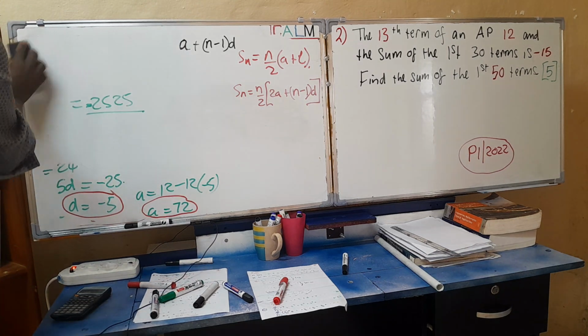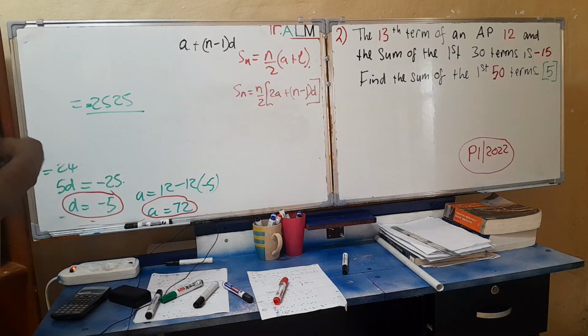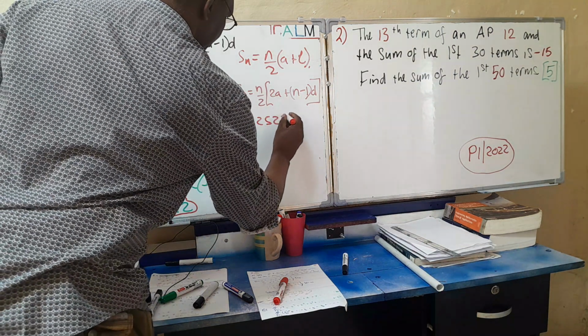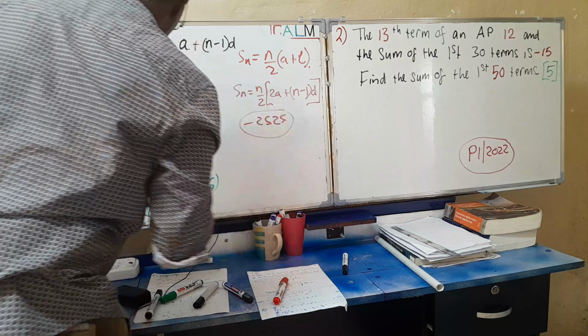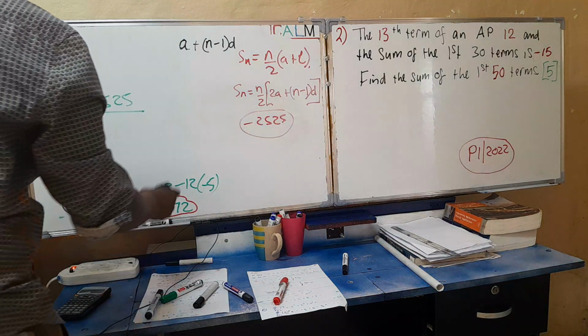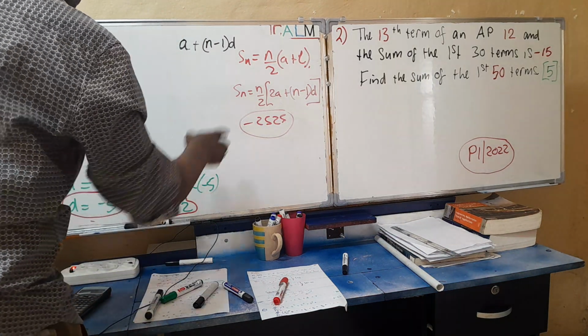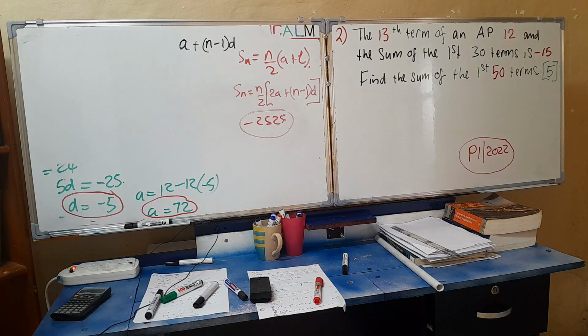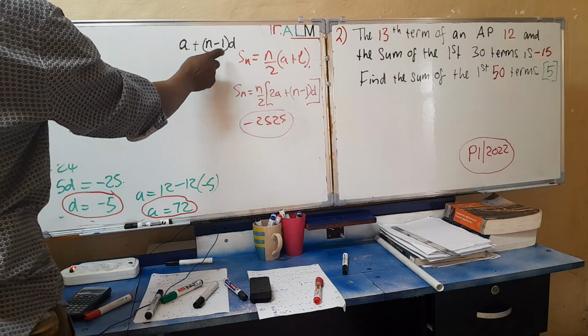Let's remember that. So let's just put it up somewhere here. Minus 2,525. That is our sum to the first 50. We want to see if we will be able to get the same number if we use this one here. Of course, our L, we know that our last term is given by that.